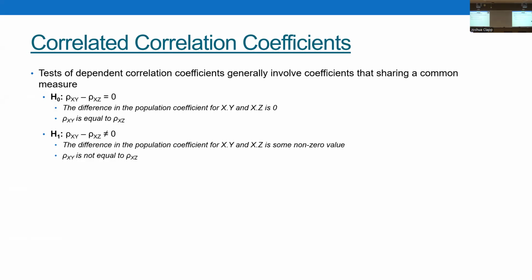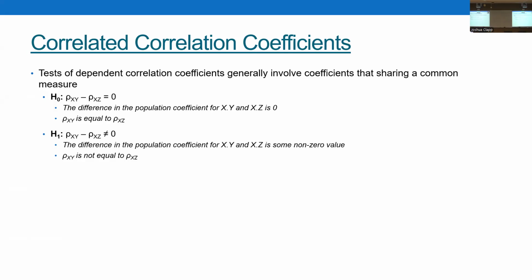So X and Y are correlated 0.6, X and Z are correlated 0.4, and then Y and Z 0.3.